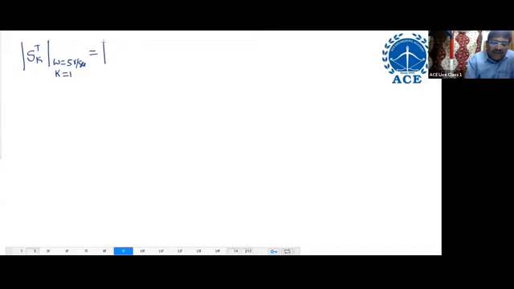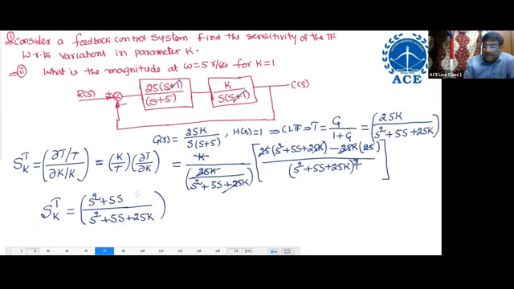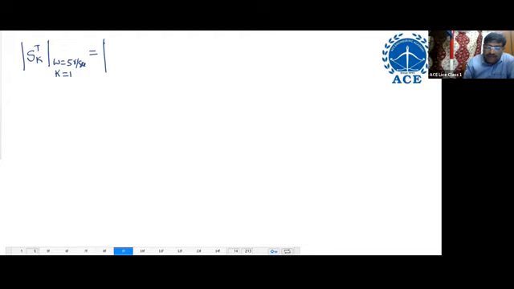That means magnitude of s replaced by j omega. If s is replaced by j omega, what happened here? Minus omega square plus 5j omega divided by minus omega square plus 5j omega plus 25k, k is 1, so plus 25.